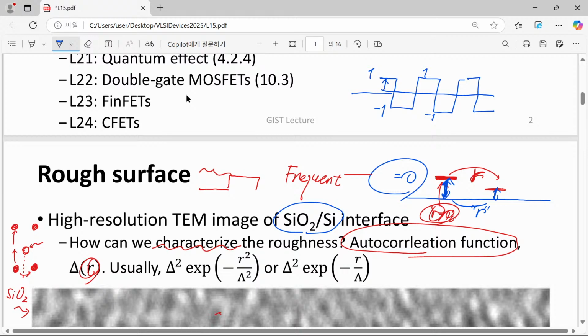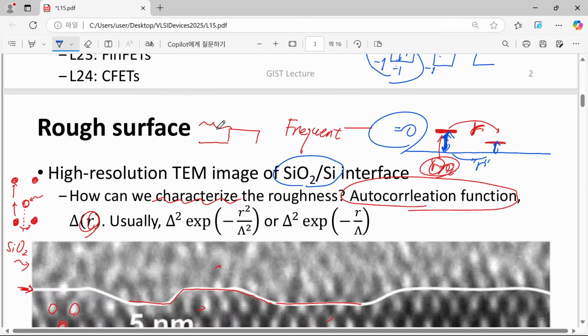Here we have a positive 1, here a negative 1, and so on. From every position, we will have a certain contribution to this autocorrelation function. So using this autocorrelation function, we can find a certain quantity.